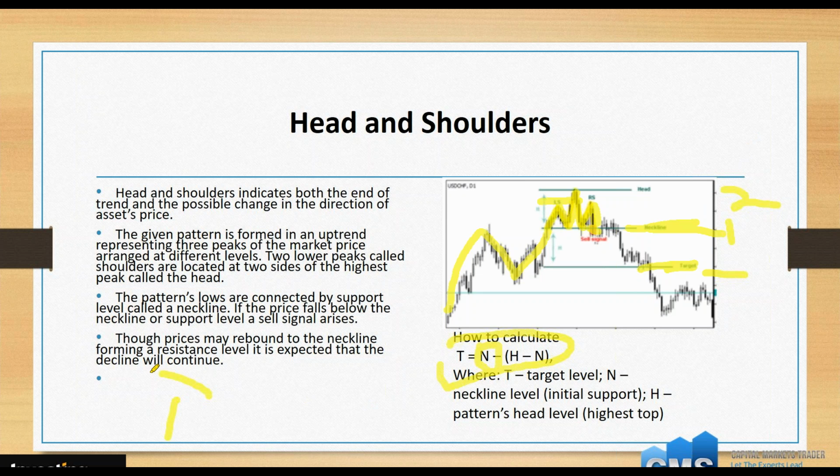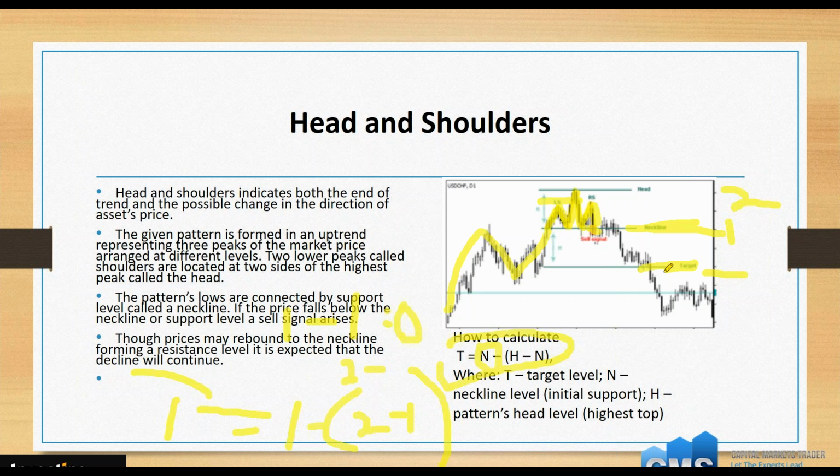So target would be neckline, which was 1, minus the head, which was 2, minus the neck, which was 1. Whatever prices are on the chart, you drop them in. So what you have is 2 minus 1 equals 1. 1 minus 1 gives you 0.